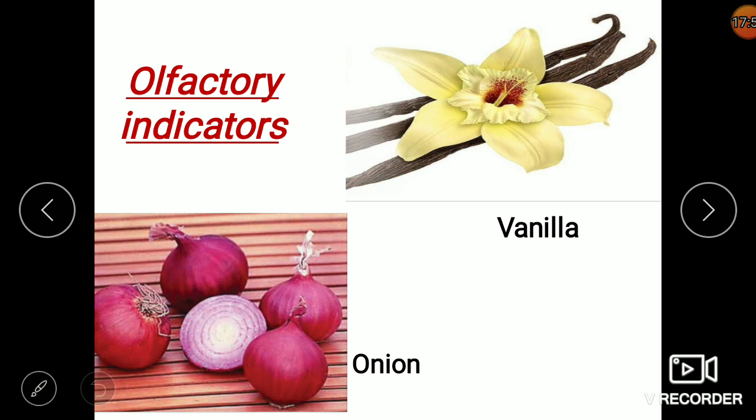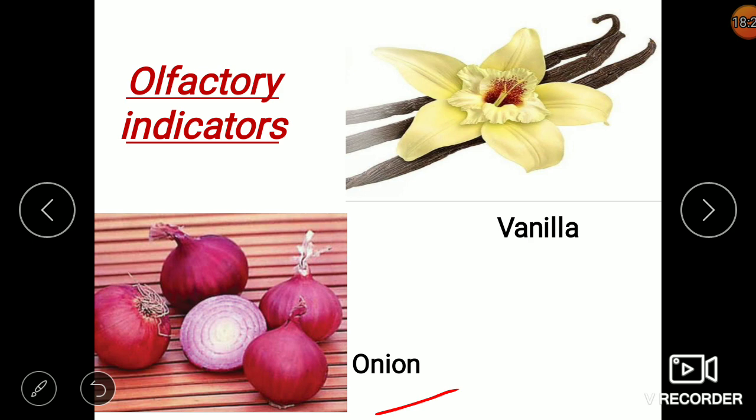Next is your olfactory indicator. Now what is an olfactory indicator? Olfactory indicators are the substances that do not deal with the color, but they change their smell to identify the acidic and basic solution. Okay, so what are the examples? Onion.